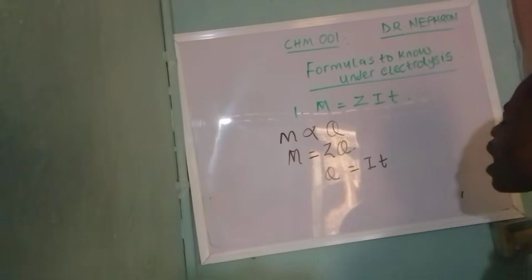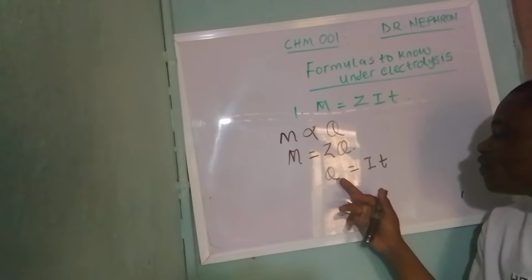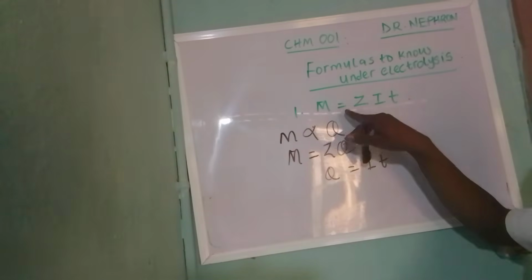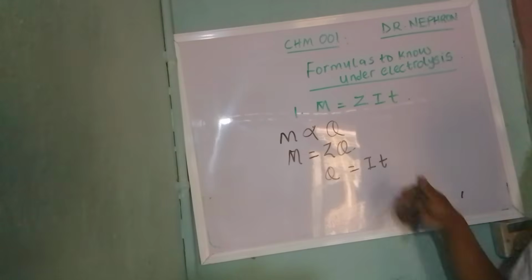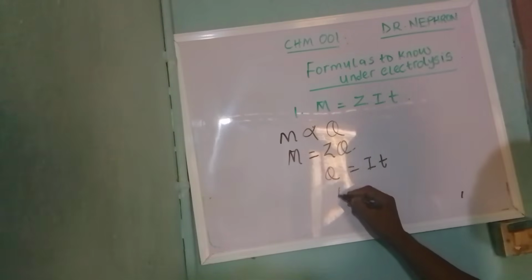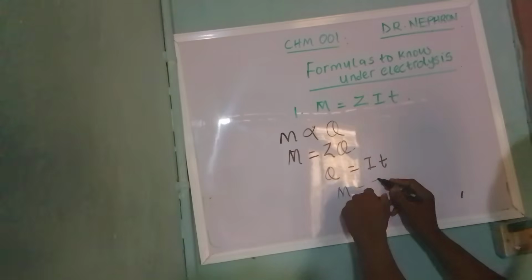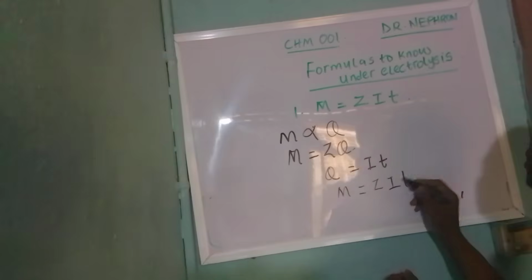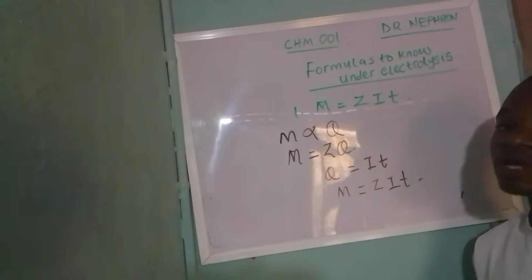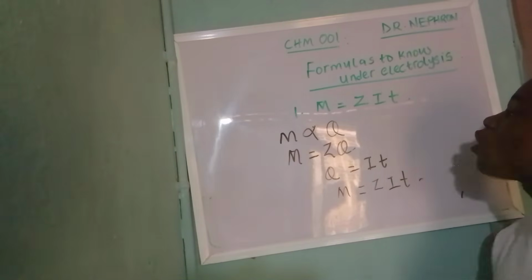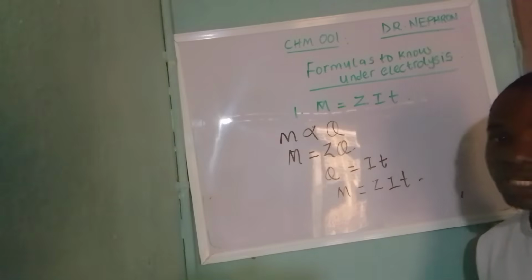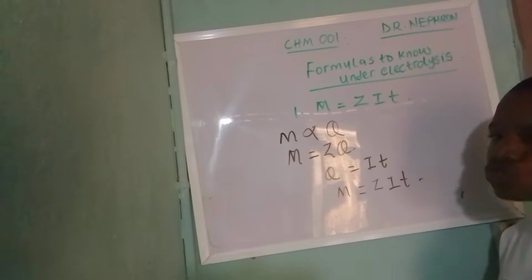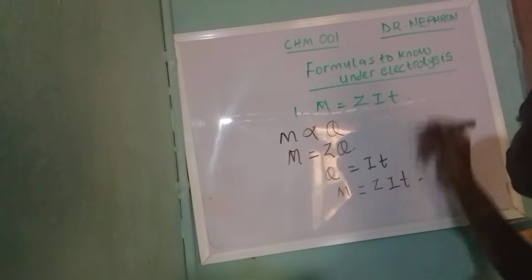If Q is equal to IT, I can go back to this expression, and instead of putting Q, we put IT. So the first formula to know under electrolysis is M equal to ZIT. I hope you are getting that.